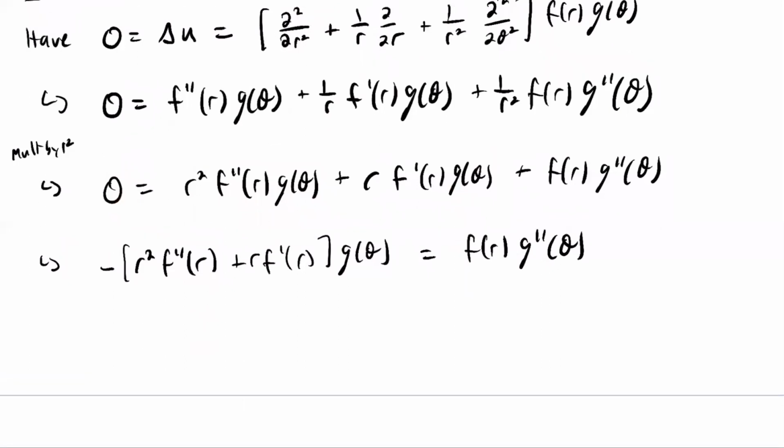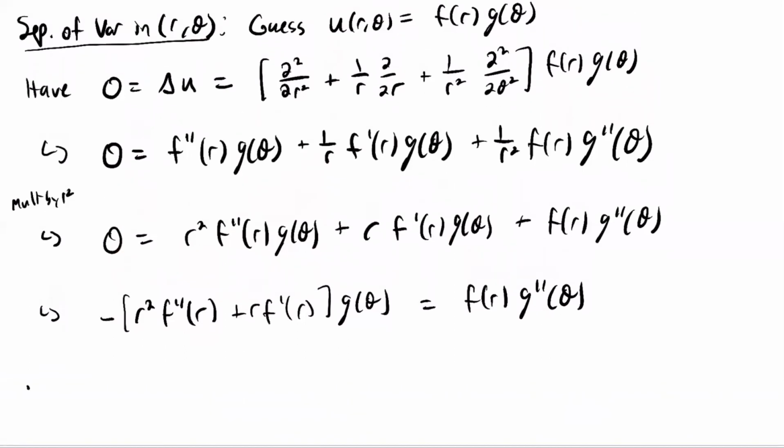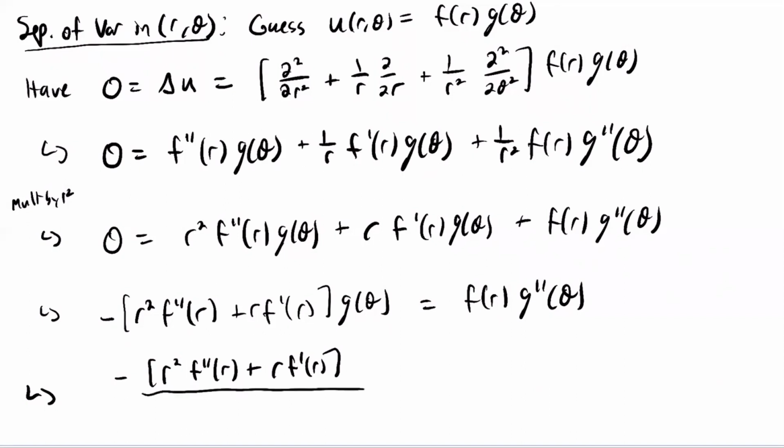Finally, let's divide by f of r and g of theta. We end up with negative r squared f prime prime of r plus r f prime of r, divided by f of r, is equal to g prime prime of theta over g of theta.